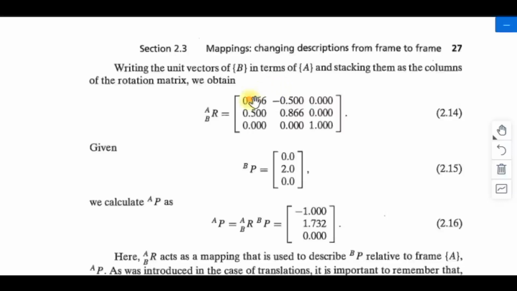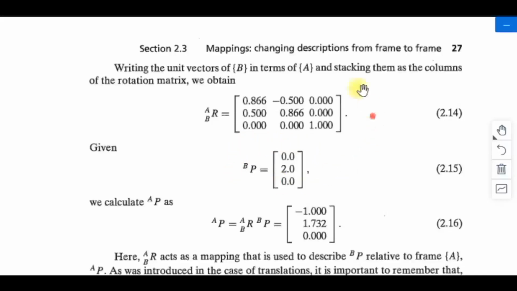So cos 30 and this is minus sin 30, cos 30. So we calculate the value A R B. Actually, if you write in proper format, A R Z theta B.